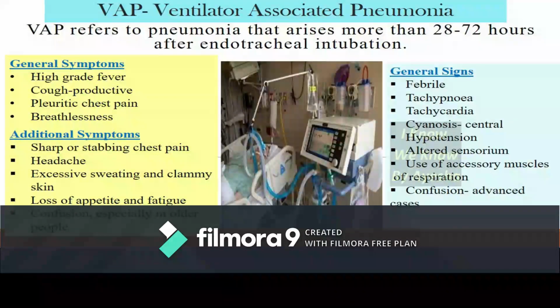Then the general symptoms that can occur are that the patient can be febrile, with tachycardia, tachypnea, cyanosis, especially central cyanosis, hypotension and altered sensorium, use of accessory muscles for respiration, and confusion in advanced cases.